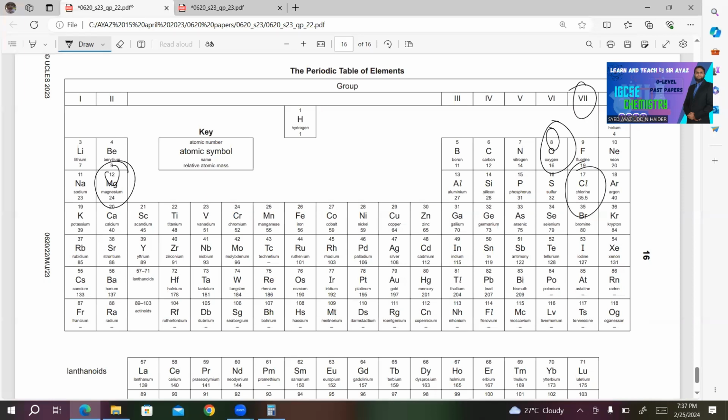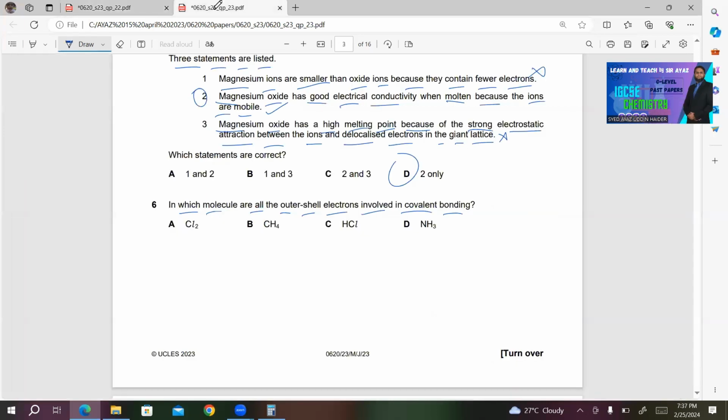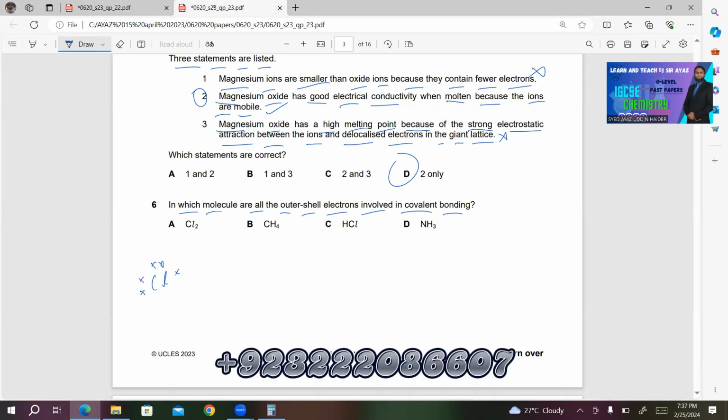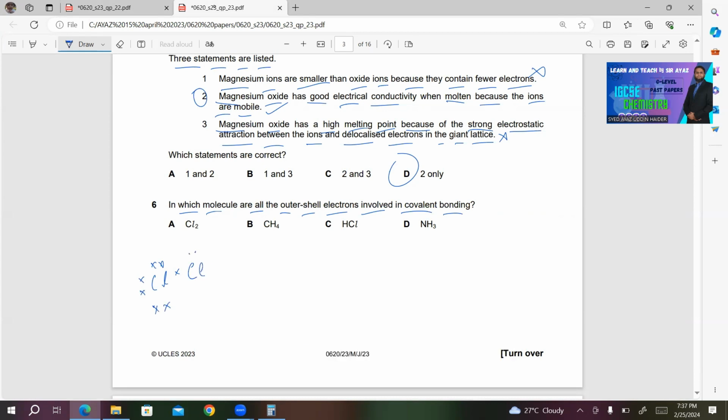Here we have 7 valence electrons. So for Cl, we have 1, 2, 3, 4, 5, 6, 7. For another Cl, 1, 2, 3, 4, 5, 6, 7. So this can't be the right answer because not all the outer shell electrons are involved in covalent bonding.